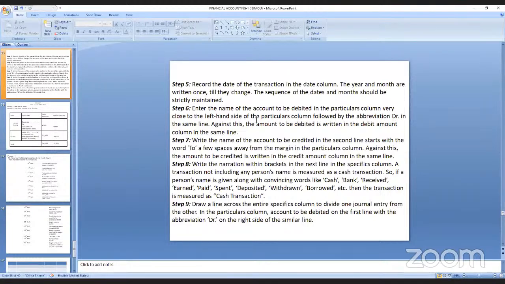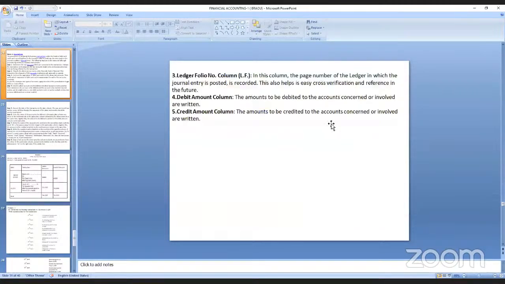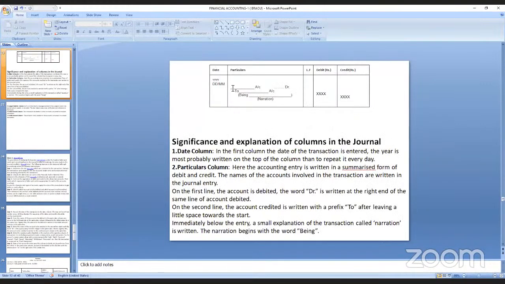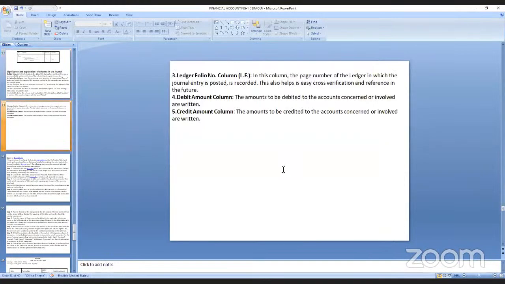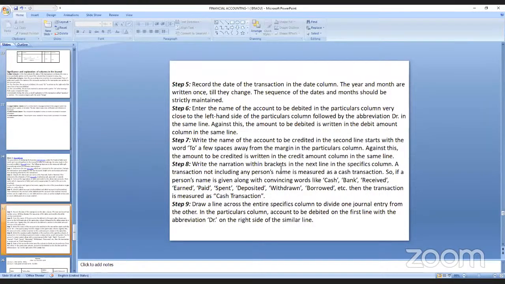You have to start with To. Are you getting it? On the first line you write Dr, and in the next line you have to write To, a few spaces away from the margin of the particular column.